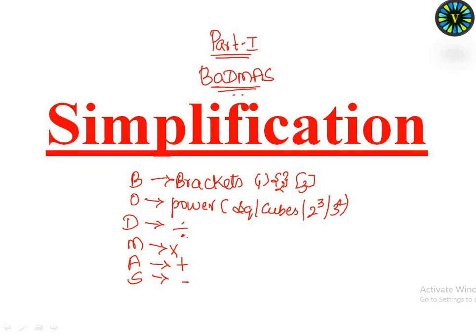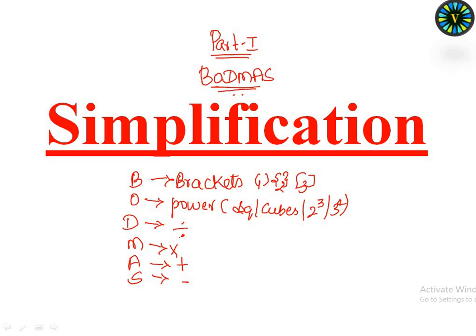Today I will be explaining a simplification concept totally based on the BODMAS rule, a very basic session, and we will discuss previous year questions also. I have brought a few questions from previous year papers.